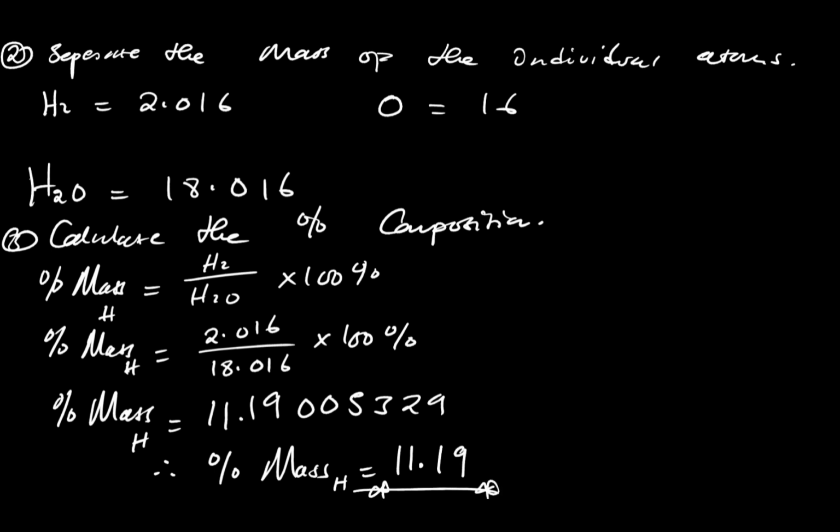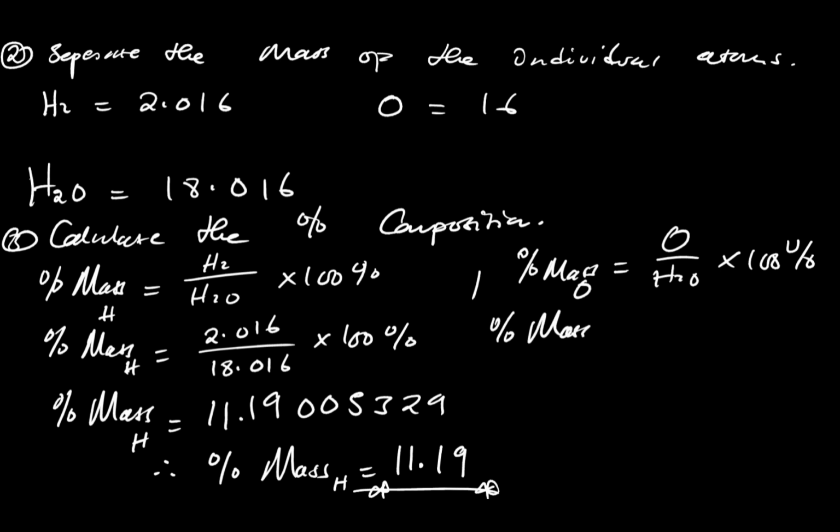So that is the percentage composition of hydrogen. Then we can do the same for the percentage composition of oxygen. So percentage composition by mass of oxygen is equal to O over H2O times 100%, which is the mass of oxygen, 16, divided by 18.016 times 100.